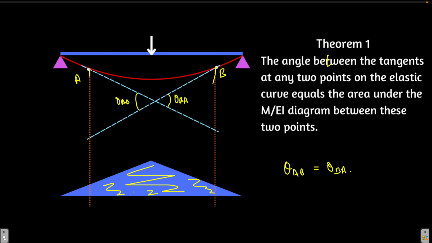So theorem 1 says that the angle between the tangents at any two points on the elastic curve equals the area under the M by EI diagram between these two points.